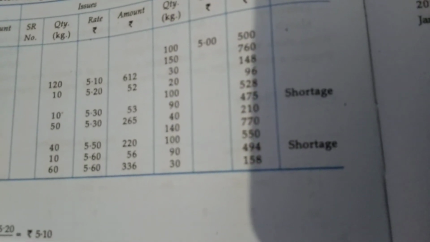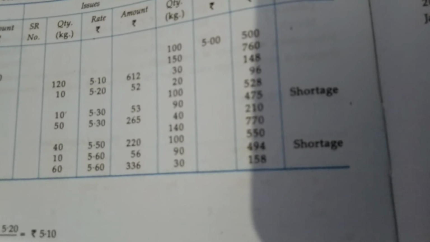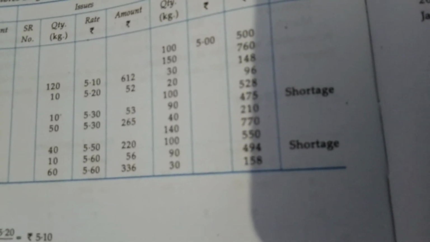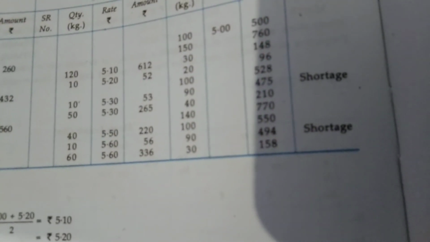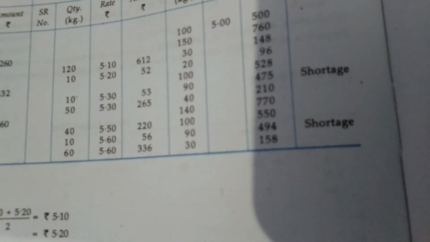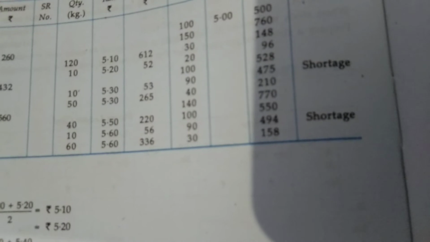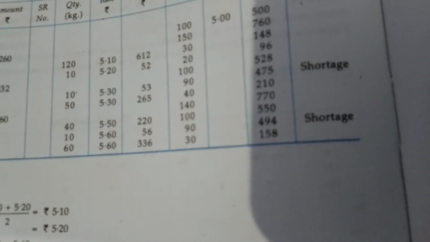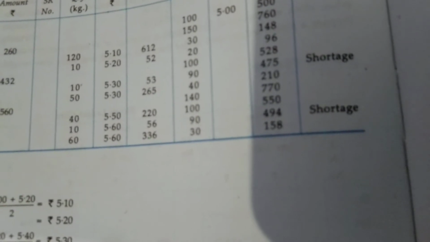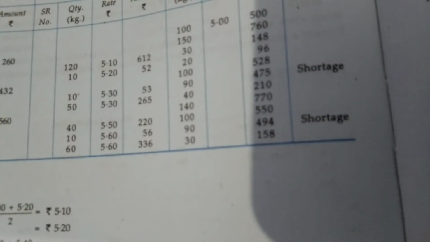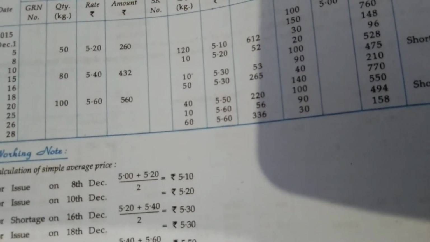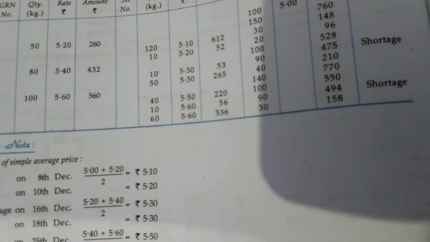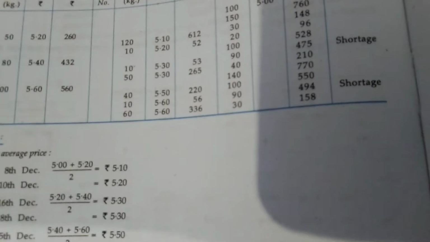In the earlier goods, how much was there in the opening balance? 100. Once we have issued 120, it means that the earlier goods have been exhausted. So in that case, that 5 has not been considered. That's why the price of 5.20 has been applied over here.